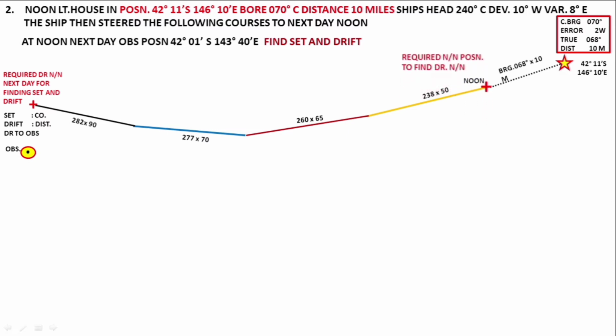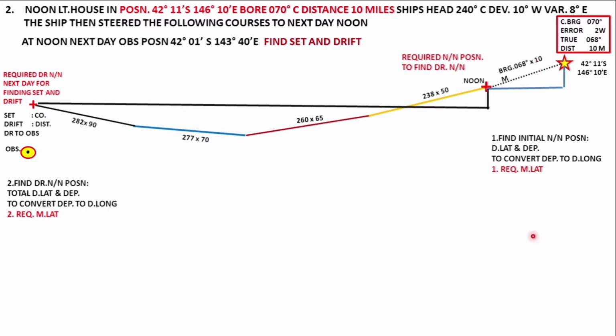And to calculate this, I should have something to start off with. So I should have the known position. Then only can I apply these courses and distances to obtain the d'lat and departure and find my final position. Now to calculate my position at noon, which was not given, only the bearing and distance was given, I use the reverse course, find the d'lat and departure, convert my departure to d'long, get my mean lat, and find my position.